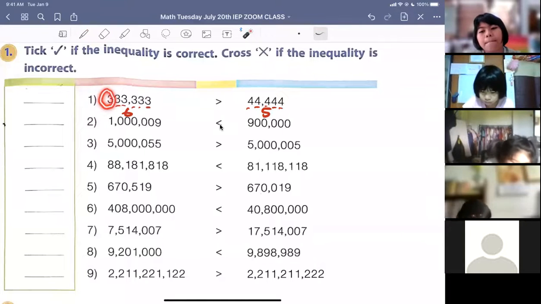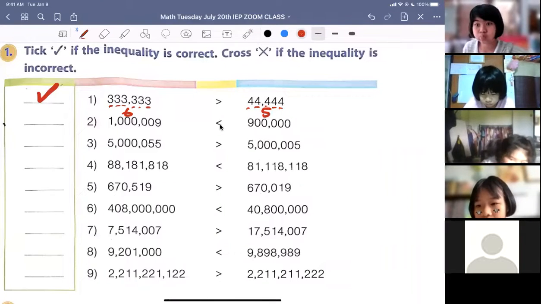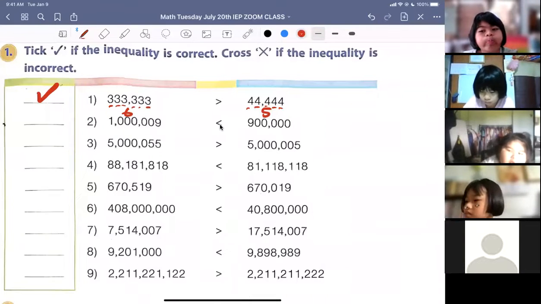This has an extra number, and this only has 10,000. So this is correct because the mouth wants to eat the 333,333.